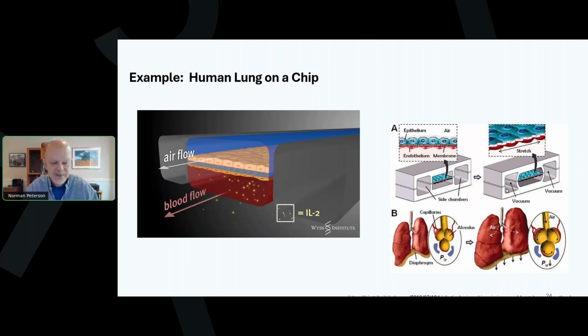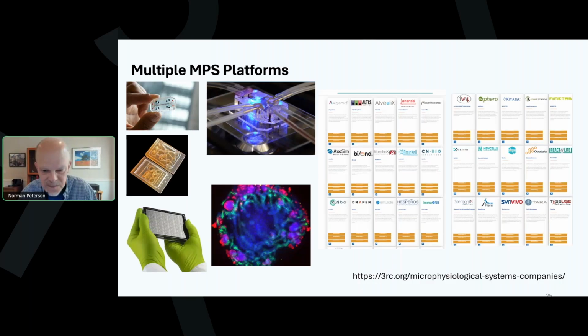Your cells experience the contraction and expansion that a lung would normally do. And they characterized some of these epithelial cells, and they found that the protein expression and the phenotype of these cells was much more similar to what we see in vivo than in a stagnant culture system. So this is a lung on a chip example.